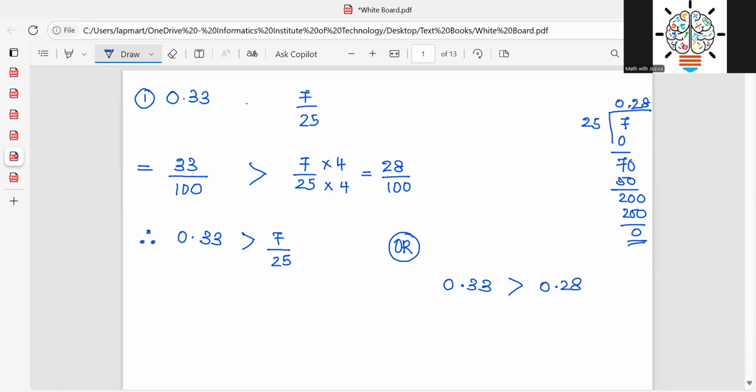But this is not your final answer, because in the question you don't have 0.28. We do have something else. Therefore, when we are concluding our answer, we want to write that 0.33 is bigger than 7 over 25. Hope it is clear. You can use either method, right?